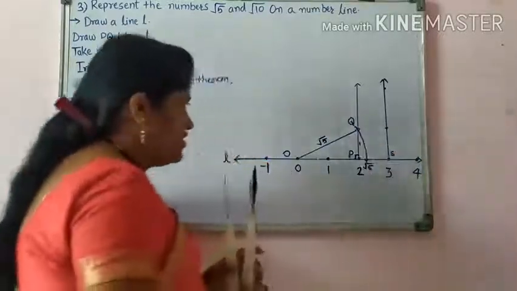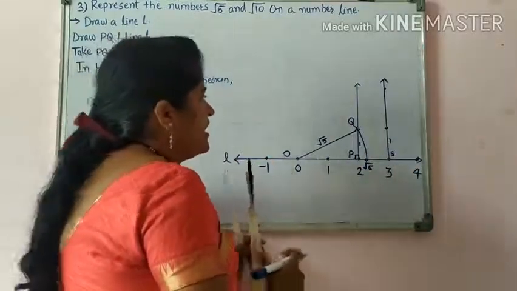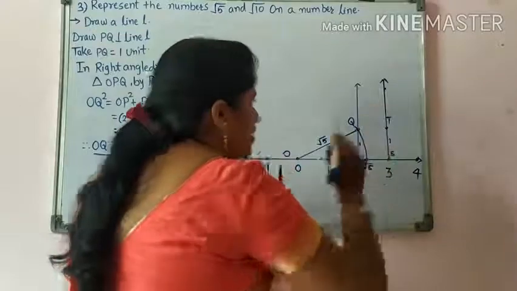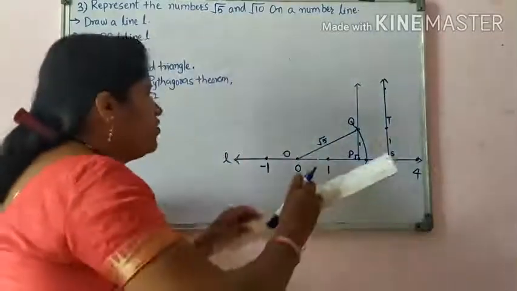So here is the exact position, a distance of 1 unit. Let us give the name T to this point. Now join the points O and T.